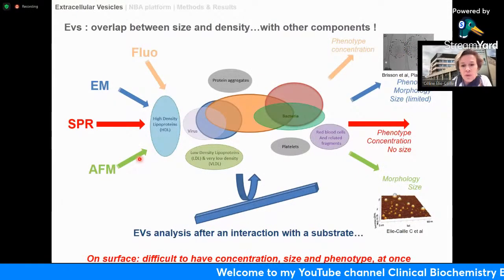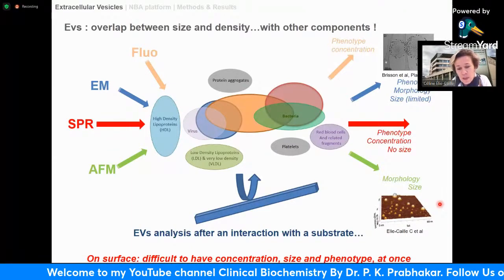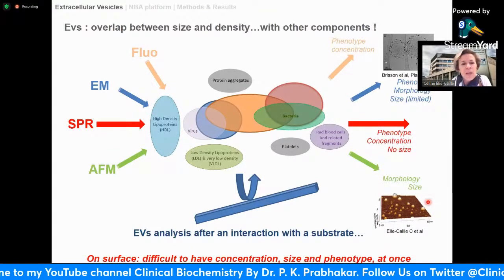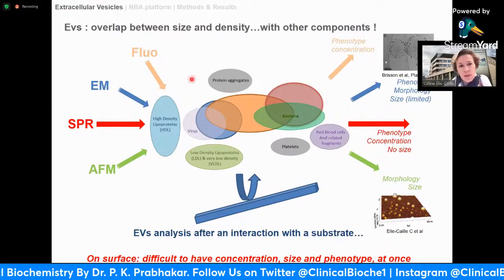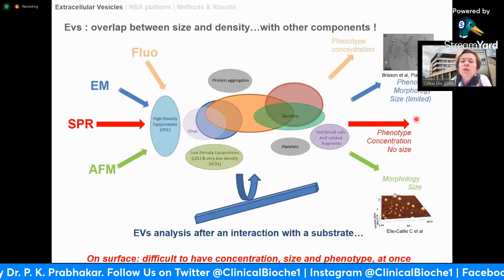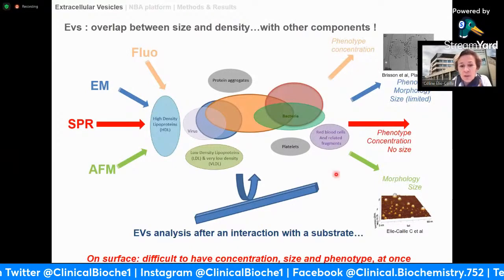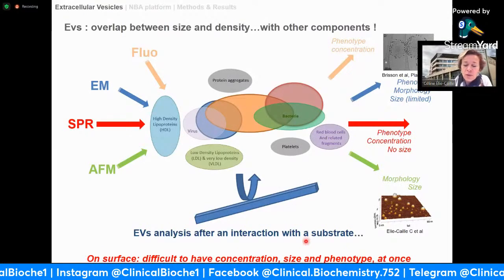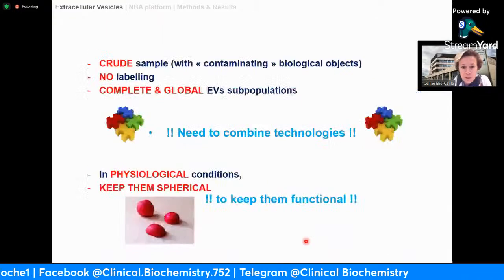You can also use AFM, as an example here, in order to obtain morphology, size, SPL, like I will show you just a bit later, and fluorescence. But again, you can reach phenotype or concentration, size, but no technique enables you to have all that information at once on the same sample, on the same substrate.